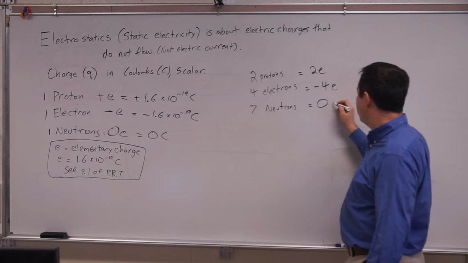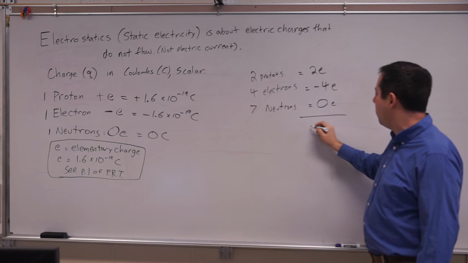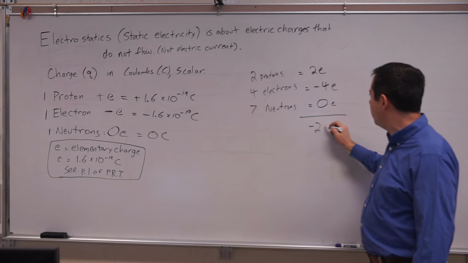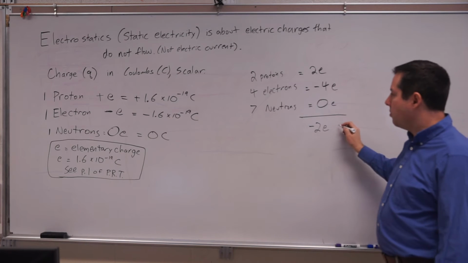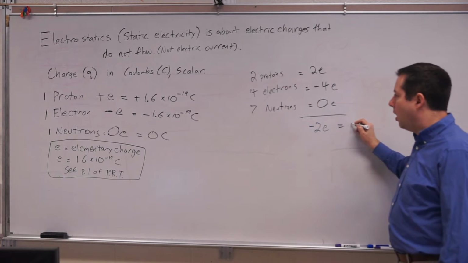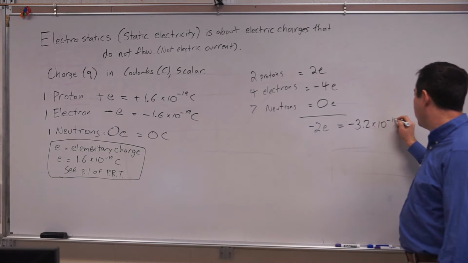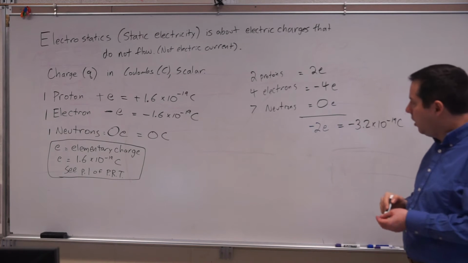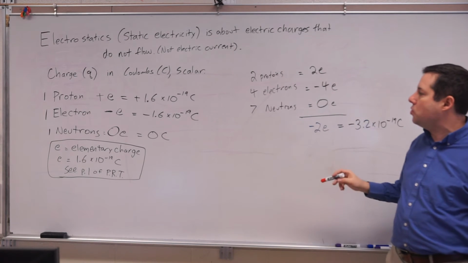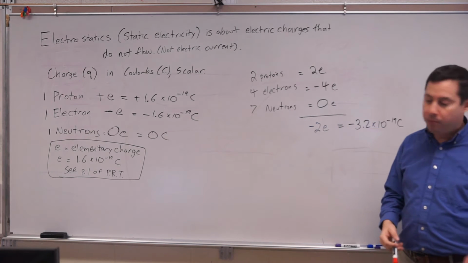You can add them all up together and you get a net charge of 2e minus 4e plus 0, so a total of negative 2e, which is equal to negative 2 times the elementary charge, or negative 3.2 times 10 to the negative 19th coulombs. So it's really easy to add these together, and you will see the e used, or you will see it done in coulombs as well.